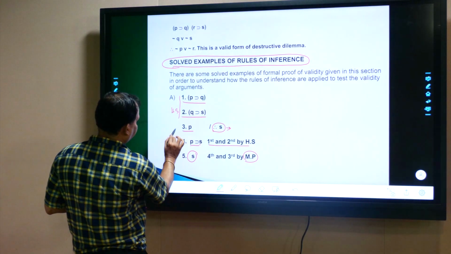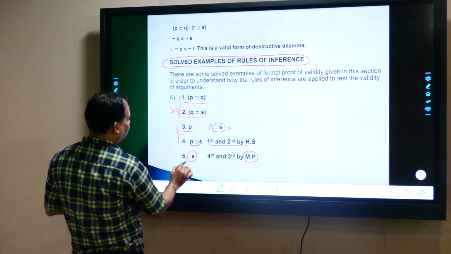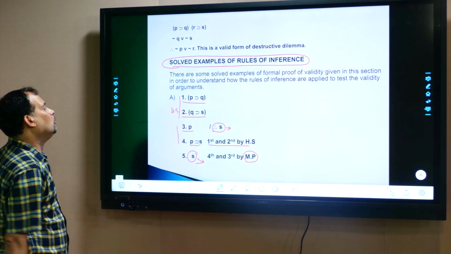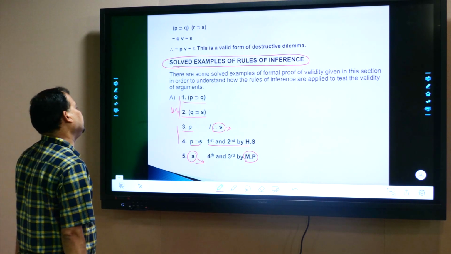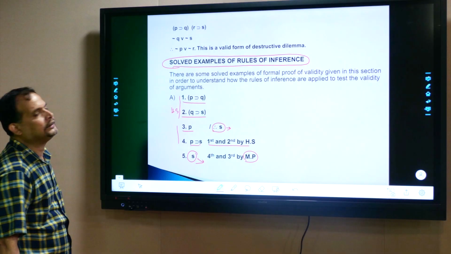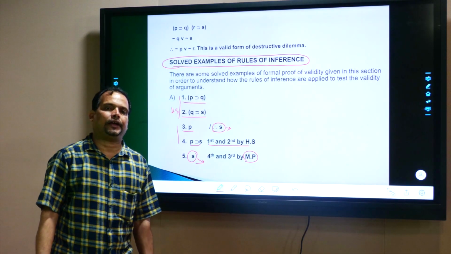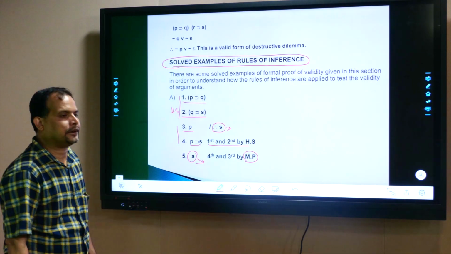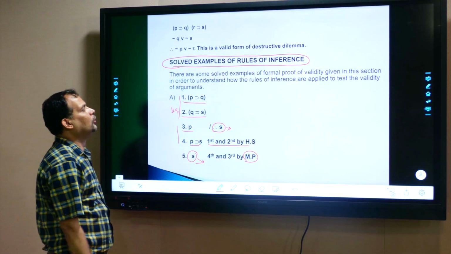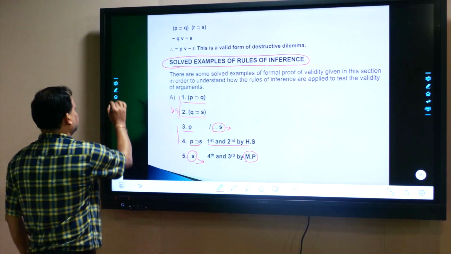Then we find the conclusion S. So in this way we can test the validity of arguments by applying the rules of inference. So this is a solved example of rules of inference, dear learners.